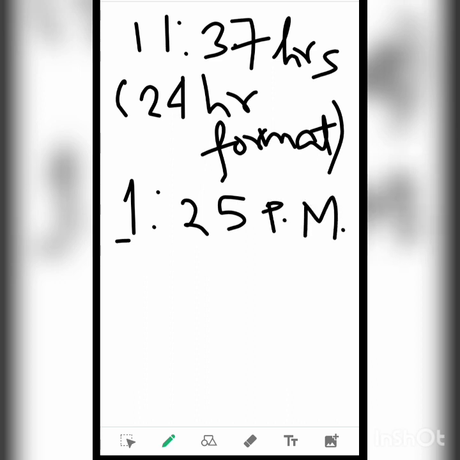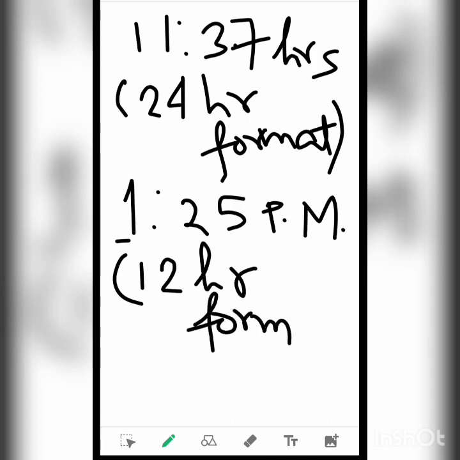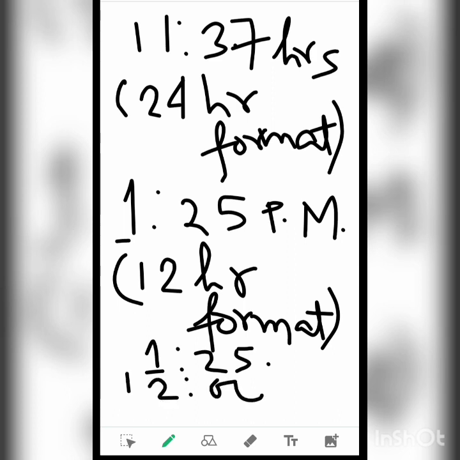Now in order to change it to 24-hour format, what do I need to do? See, it has already crossed 12:59 p.m. So what we need to do is add 12 to it. We add them and bring it as 13:25 hours. Let me write it again on the next board.